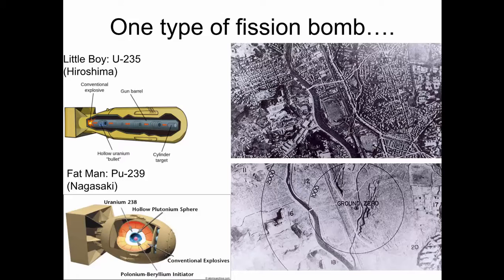This is what the area looks like 1,000 meters, 2,000 meters out, where basically every single building was completely leveled. And the radiation poisoning contaminated the area. Even the people that did not die in the initial explosion developed cancers and radiation sickness that lasted long after.